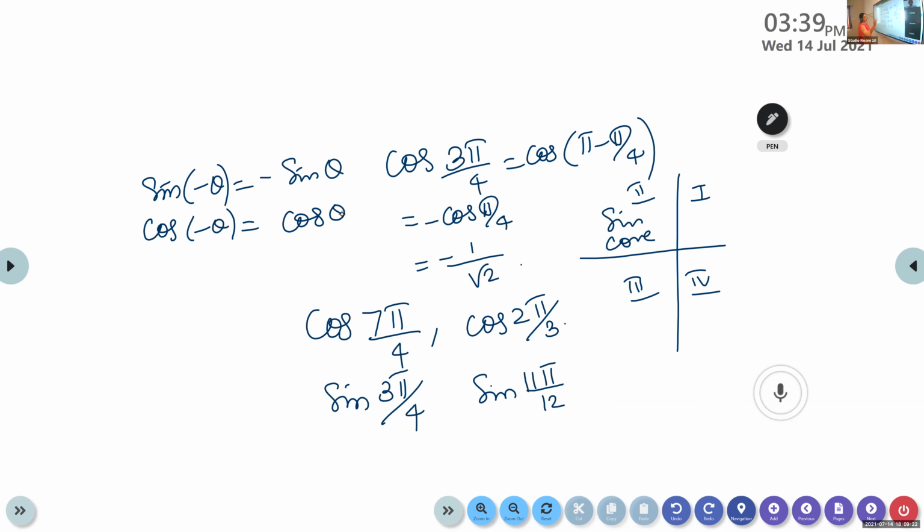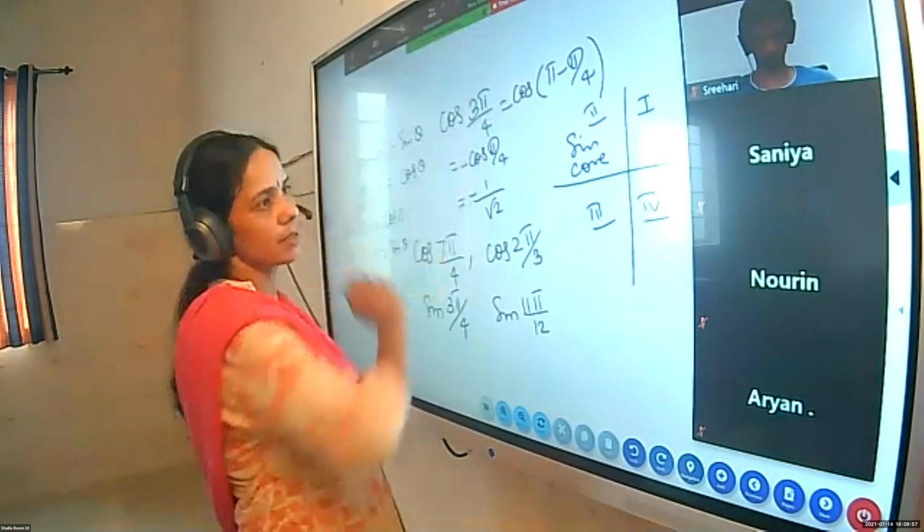It is cos theta. Is it or not? And we have learned about complementary angles. What is sine of 90 minus theta? Whenever we have complementary angles, 90 or 270, sine will become cos. So sine of 90 minus theta is cos theta. Cos of 90 minus theta is sine theta. Like that we have learned some formulas in trigonometry.